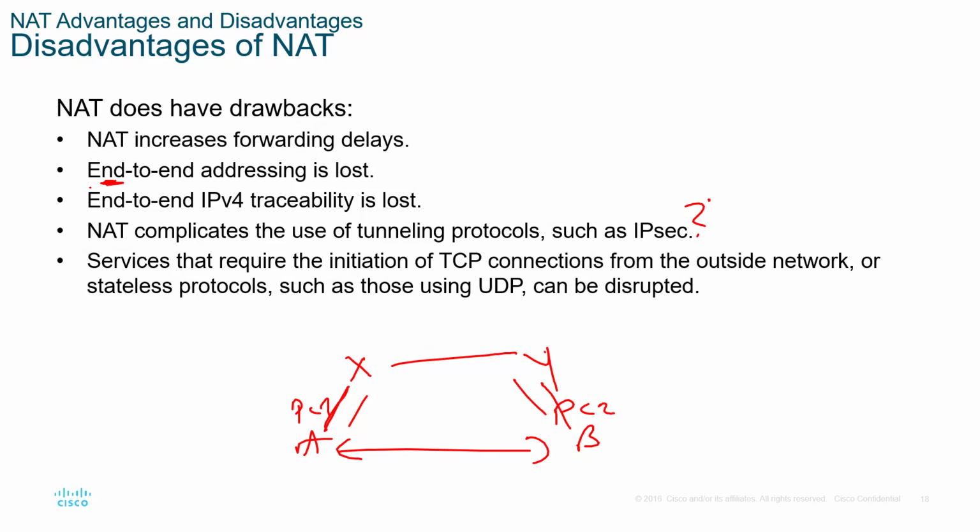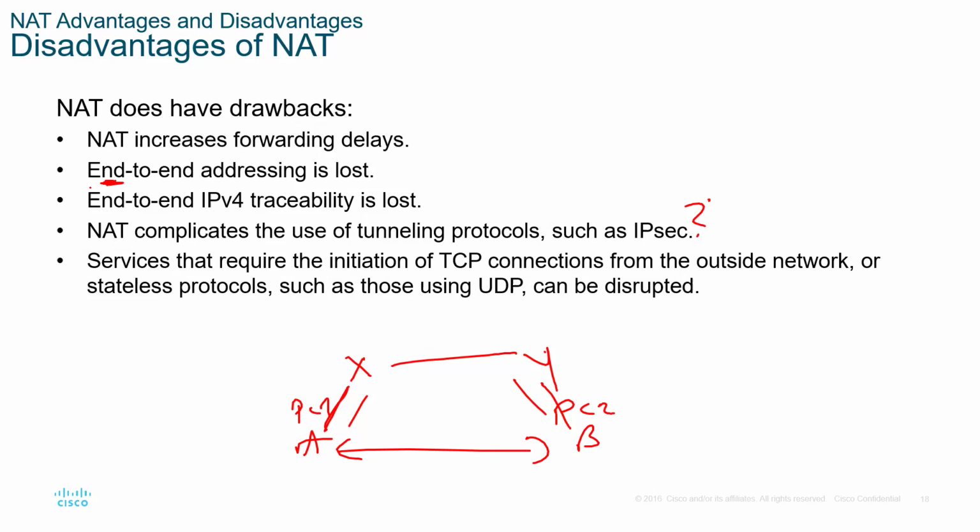So with dynamic, with PAT, we cannot have sessions being initiated by devices from outside the network. The reason why is because my addresses from our internal network can change. So there's an inconsistency between the public IP address and the private IP address.